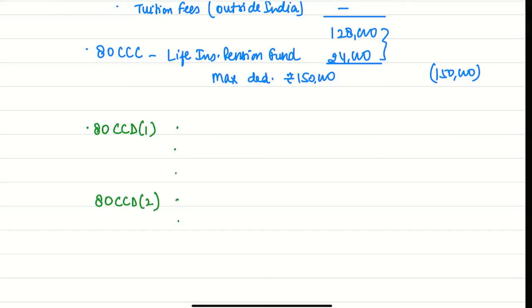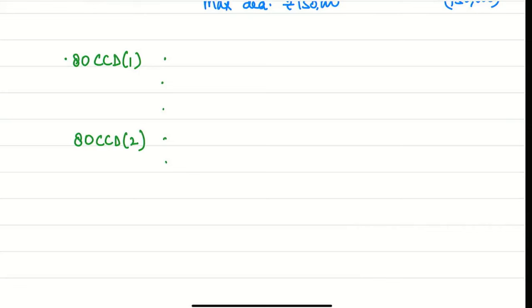Leave 2 lines. Sorry, this is actually 1B. 80CCD1, 80CCD1B and 80CCD2.